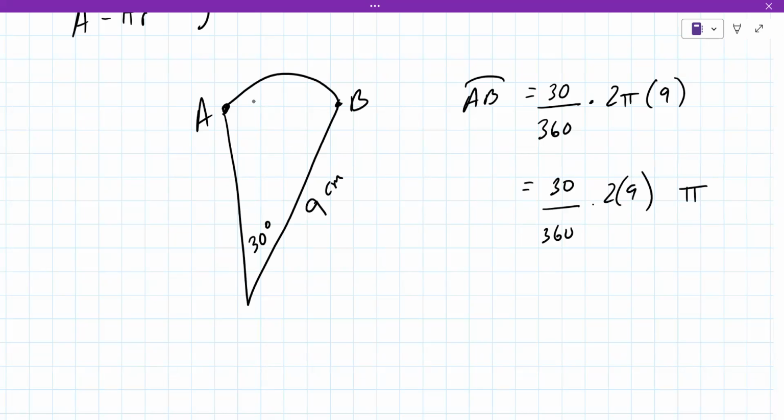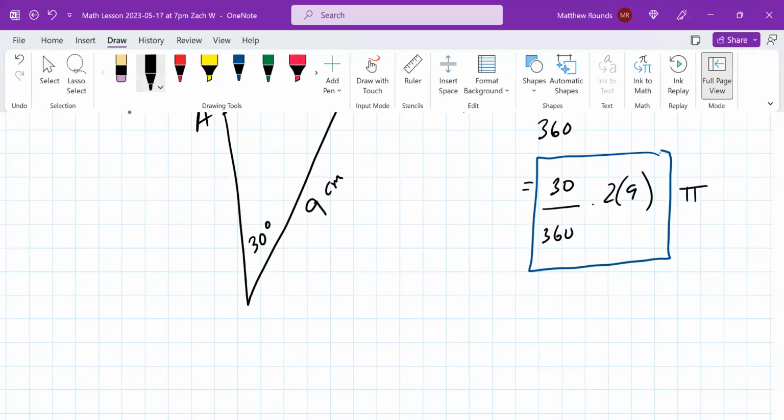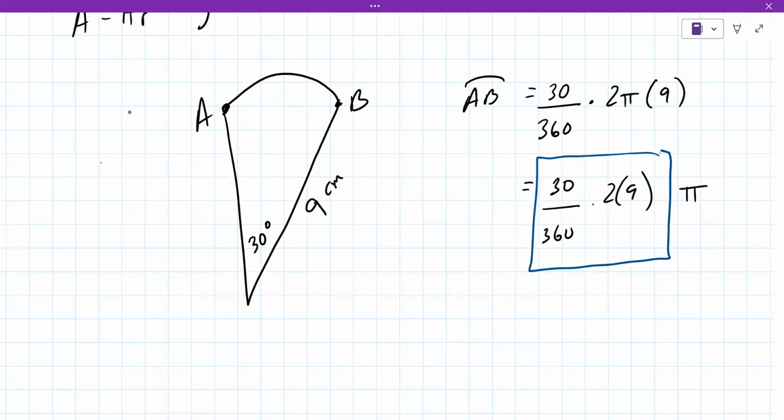I like it. So I'll just get a calculator for that part. Yep, try that. 30 over 60. I got 1.5. Okay, very good. Centimeters.